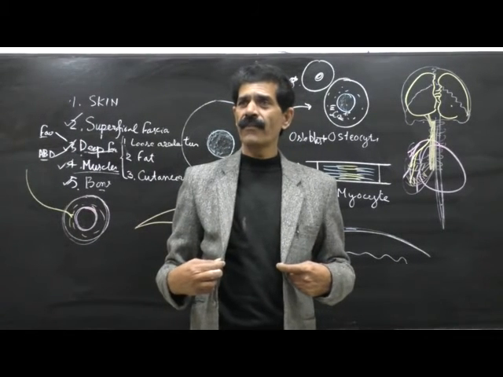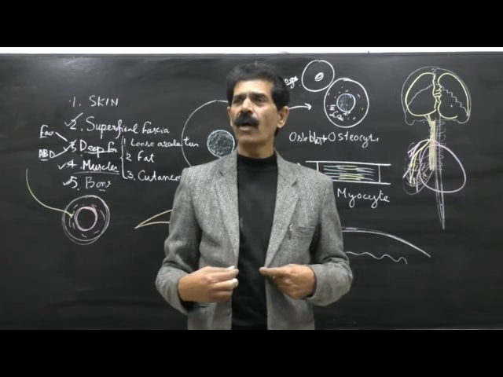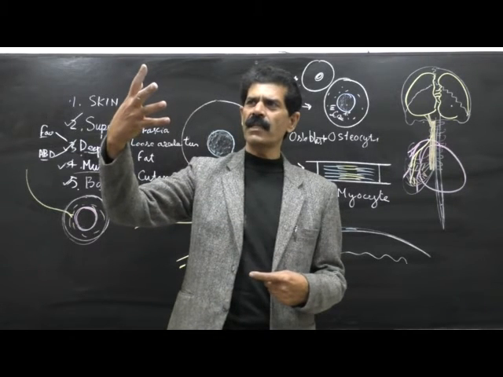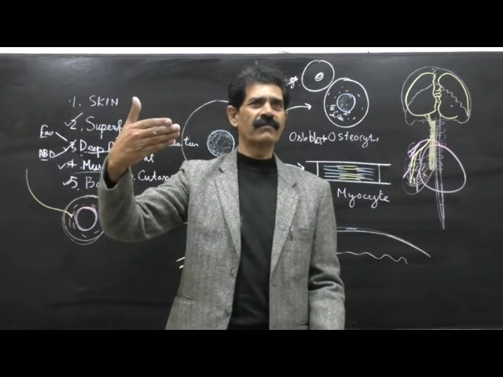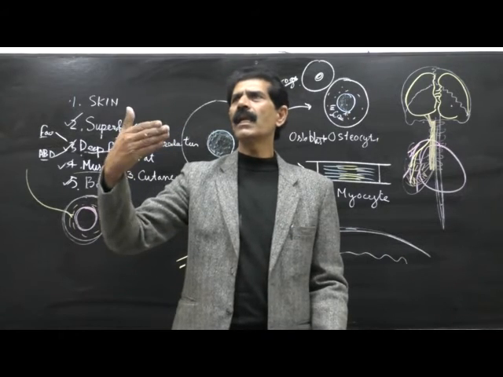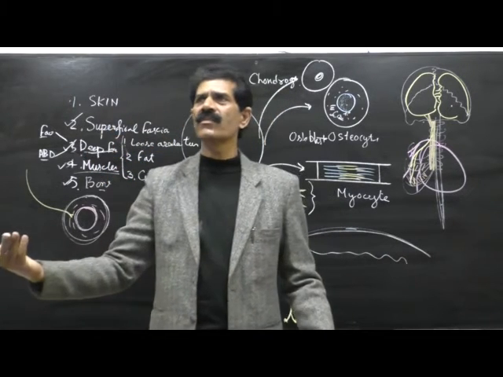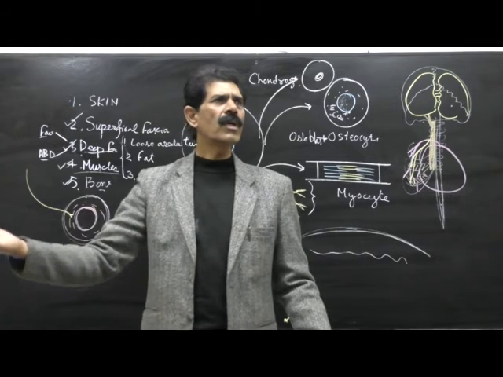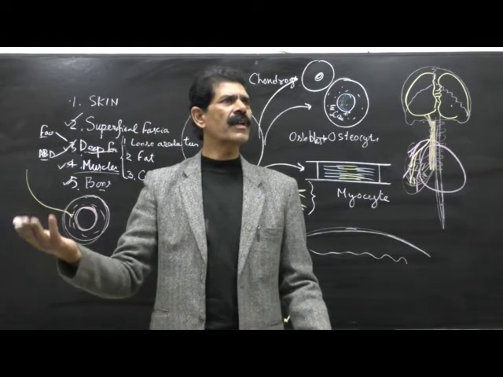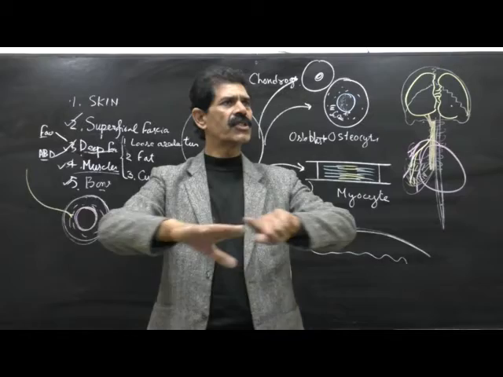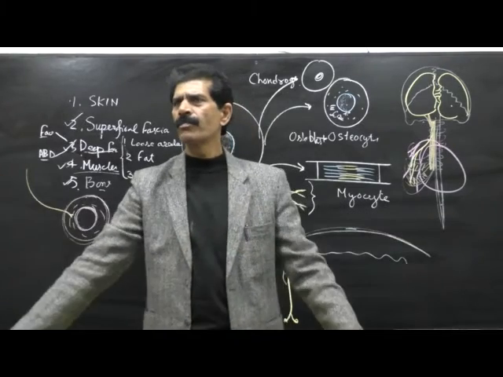It is opaque. Why is it opaque? Because the collagen fibers are compactly arranged. There is a minimal intercellular space. So, from the same collagen fibers, you have made the thick sheet of the deep fascia.